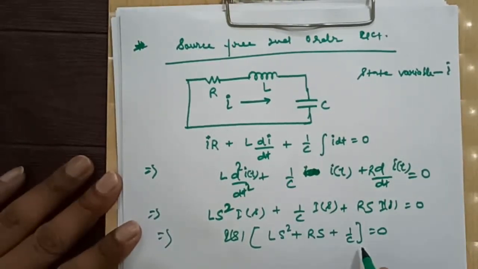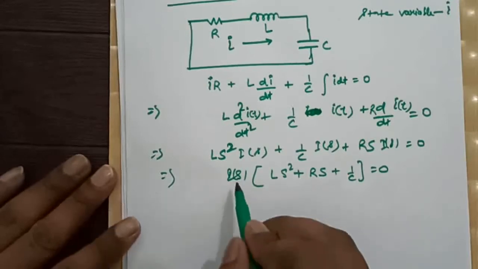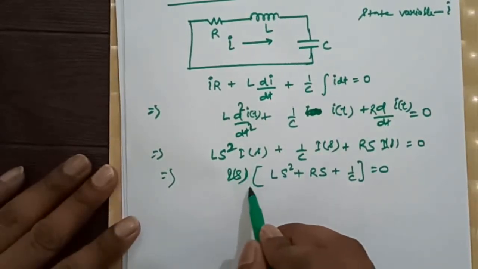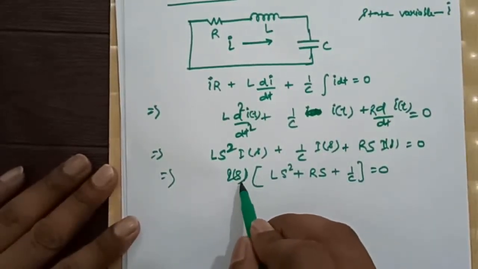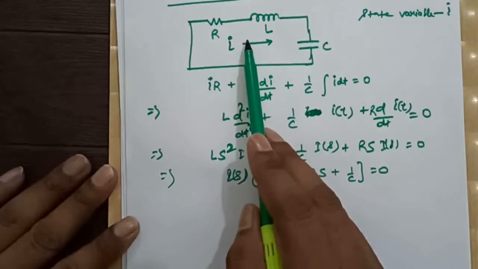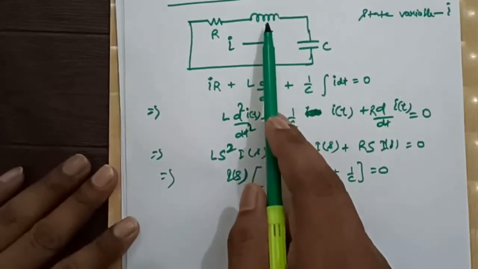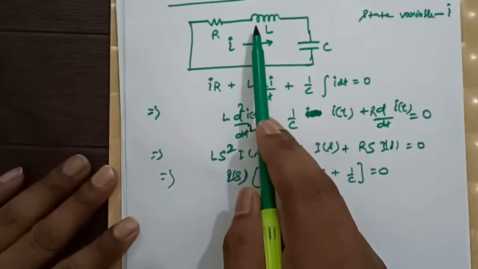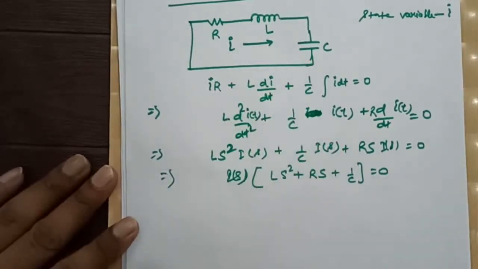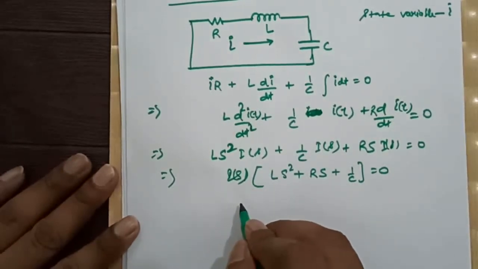Clear? Now see, this LHS part is the product of two factors, which is I(s) and this part. Since I(s) is not 0, because we have already assumed that there was an initial current I, means the inductor was charged and after time t equal to 0, it is discharging through this path, so this is not 0, so obviously this part will be 0.